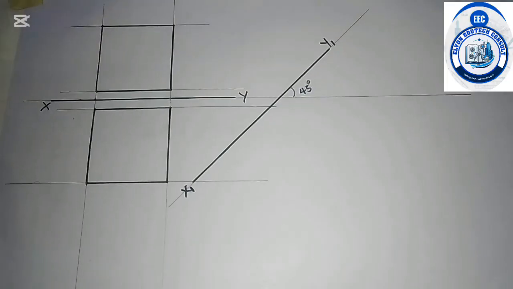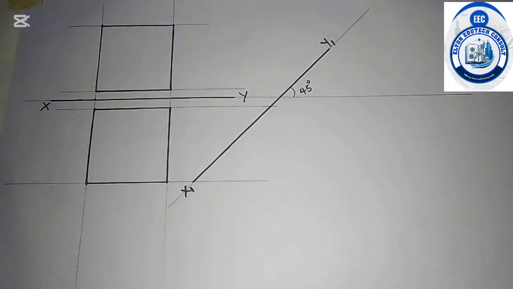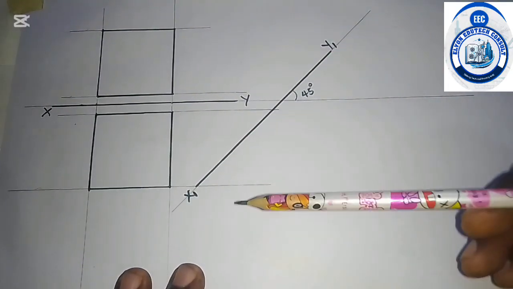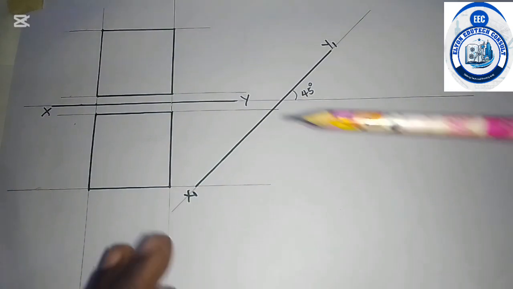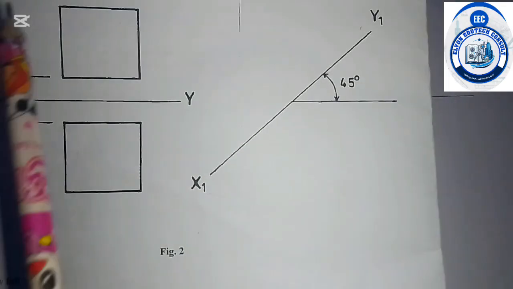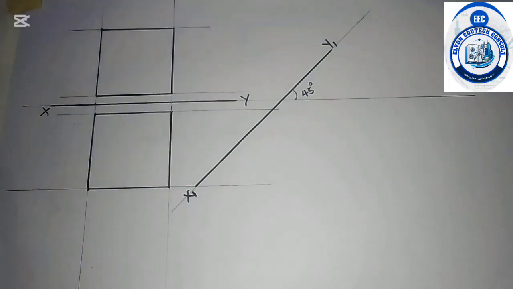So the next thing I'll be moving to now is this B part, first auxiliary plan. Now I want you to understand something here. We are not given what should be the elevation and what should be the plan. And neither is the question stating whether the view is in first angle or third angle orthographic projection.